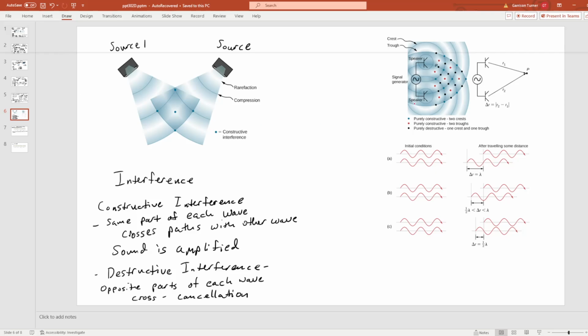Let's label this one red. Let's not use red. We're already using red. Let's use purple. I don't know how much different that looks, but we'll roll with it. And green.